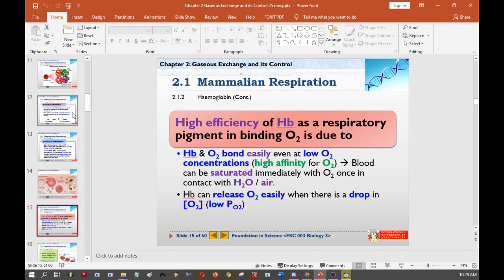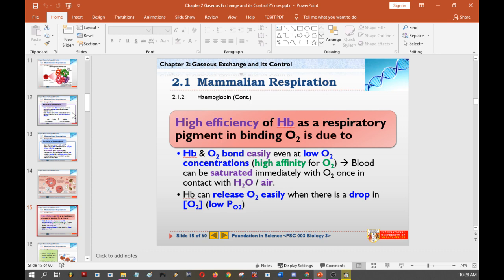High efficiency of Hb as a respiratory pigment in binding O2 is due to its affinity. Affinity is like favoritism, meaning that you really like something, you go to that thing first. So in this case, hemoglobin would really easily bind to O2 even at low volume. The thing is, you're not actually breathing in 100% oxygen. Earth is like 21% oxygen, but that's enough for us.